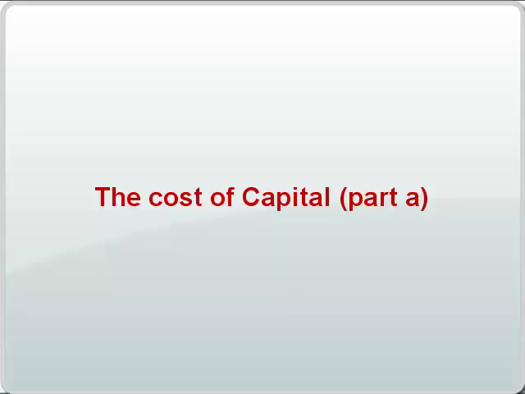The problem being that companies potentially borrow money from two places. They can either borrow money from shareholders, and although obviously they're not paying interest, shareholders do want a return, so you're going to have to pay them a dividend, or they can borrow money from debt, whether it's a straight loan from the bank or whether it's issuing loan stock, debentures, etc. And of course then they are paying interest.